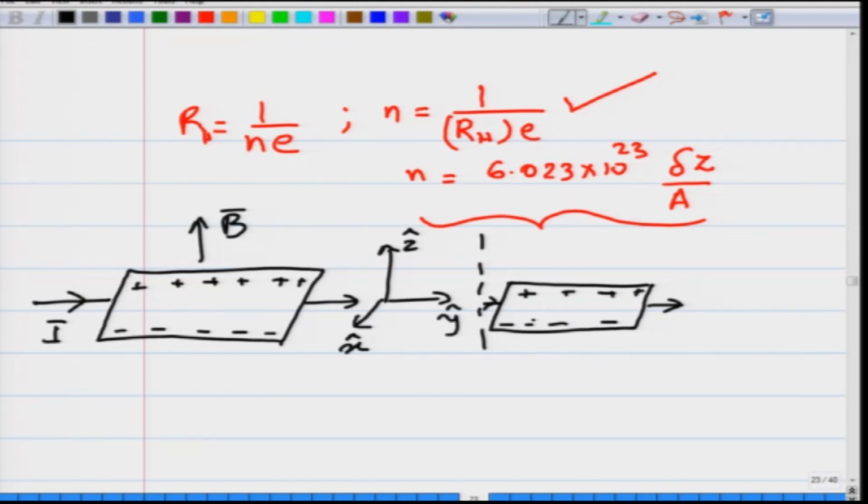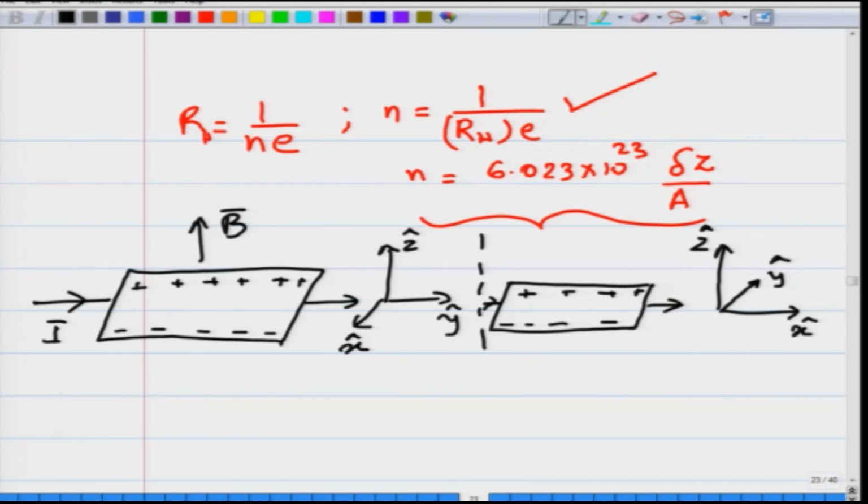There is still going to be a Hall effect, but if we change the choice of coordinate axis slightly, nothing changes, the physics remains exactly identical, but I choose that this axis is the x axis, that means the current is flowing along the x direction and y is along this direction.